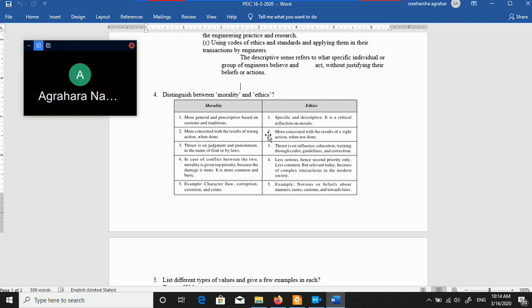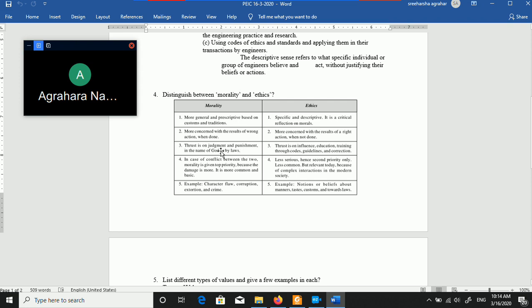I hope you understood this. The thrust is on judgment and punishment in the name of God or by laws. Okay, so you should not lie. So if at all it is, then what is the punishment? It may be because of law, or it may be in the name of religion.